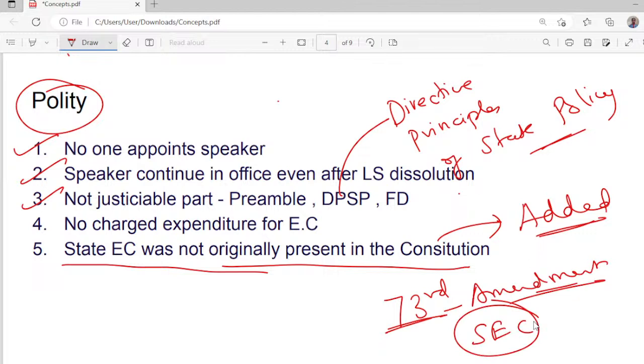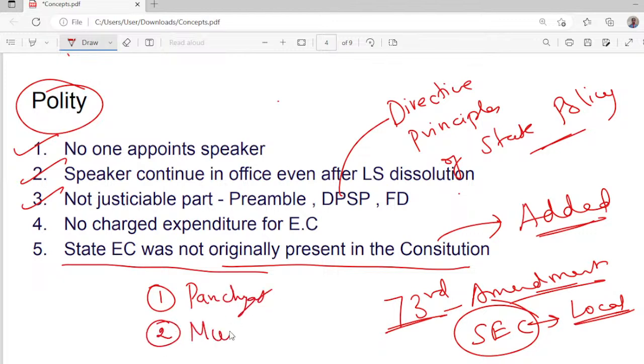So what is the duty of the State Election Commission? To conduct the local elections. What do you mean by local? One is Panchayat, the second is municipality. Municipality and Panchayat elections will be conducted by the State Election Commission. They don't have any role in the state assembly. For example, when Karnataka elections are happening, will the Karnataka Election Commission take care?